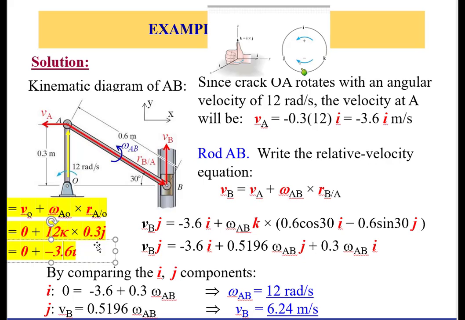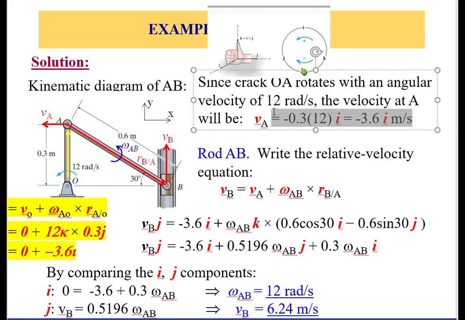Now k cross j, it's going counterclockwise or clockwise, and producing an i, so it's negative. So negative i. That's what you can say visually using the scalar method. But I would prefer you use this, it's much more consistent.